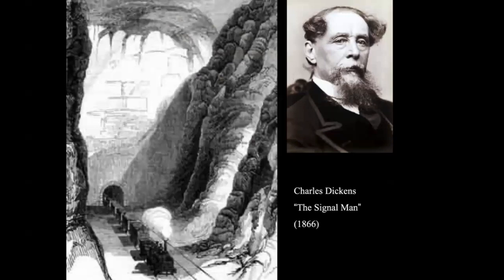And I think in the case of the Signal Man, this is evident because when you have a railway that runs 24/7, in the middle of the 19th century, you for the first time had night trains. So the train in The Signal Man is a night train, or obviously it can run during the day too, but for the first time you have night trains going.